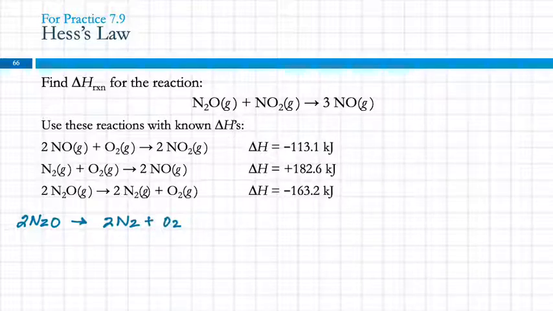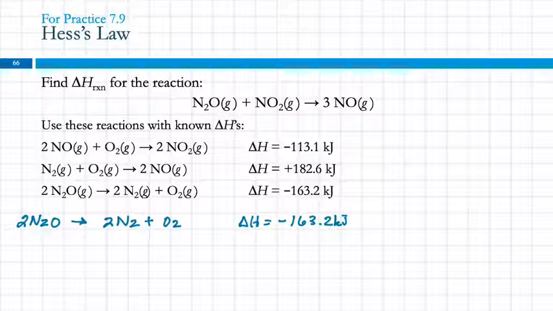Now, did I mess with the equation at all? No, I just copied it down. So the delta H for that is unchanged. It's still minus 163.2 kilojoules.